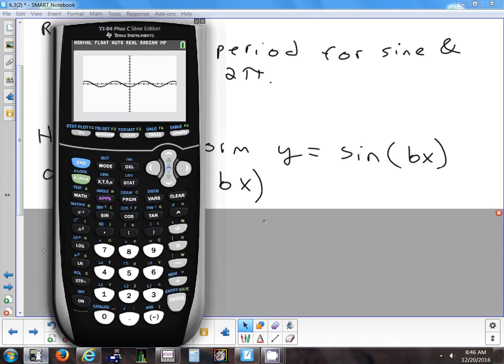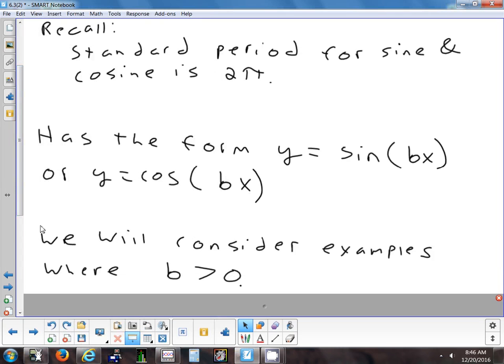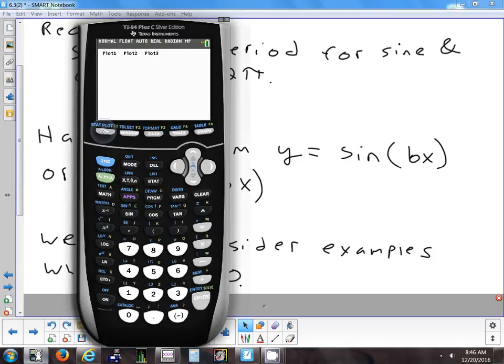If you put in a big number for b, like let's say 5, here's sine x, and here's sine 5x. Sine 5x is going to repeat 5 times faster. So for every 1 period you're getting for the sine function, you're getting 5 periods of the sine 5x function.